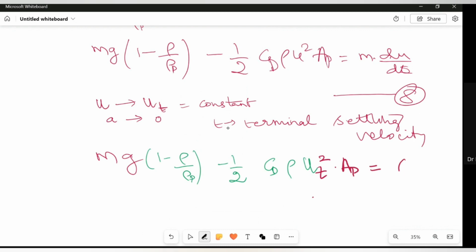Remember, acceleration is 0. So this term becomes 0, right hand side becomes 0, which means that we have a condition where this equals to this.